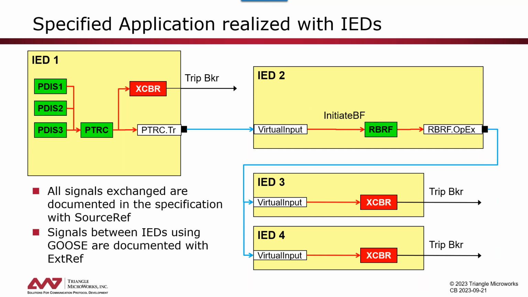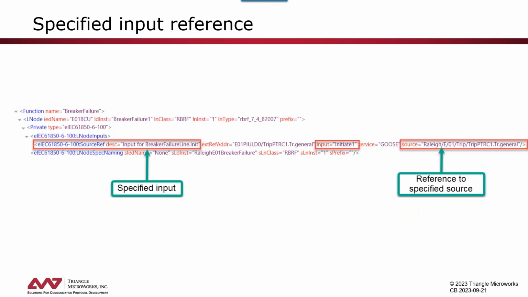And again, in SCL, we can document how our specified input is realized. We can specify our input reference, but then we can also specify how this is realized with an XRef through an XRef address.